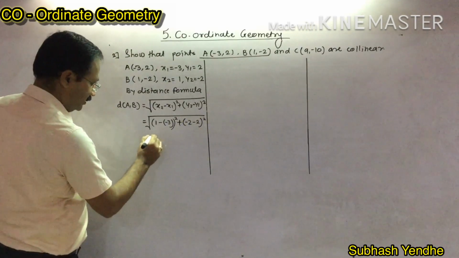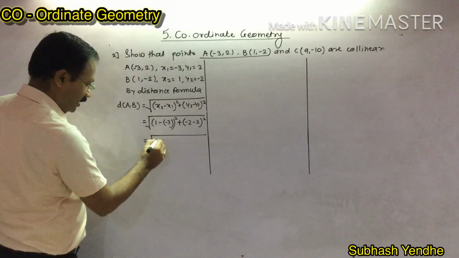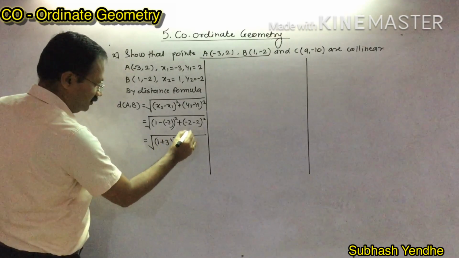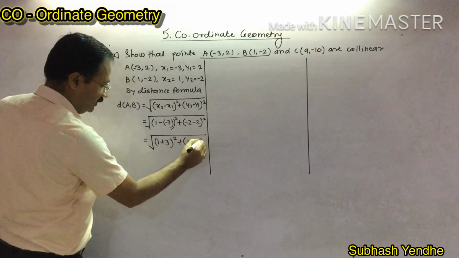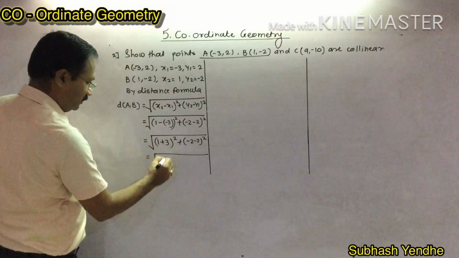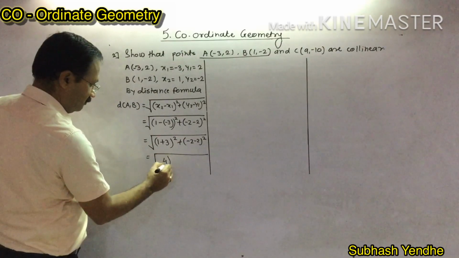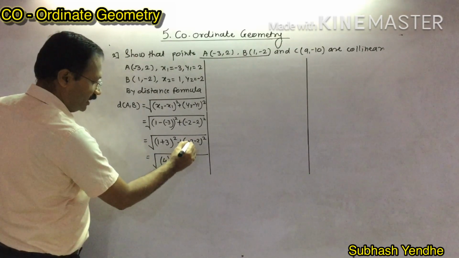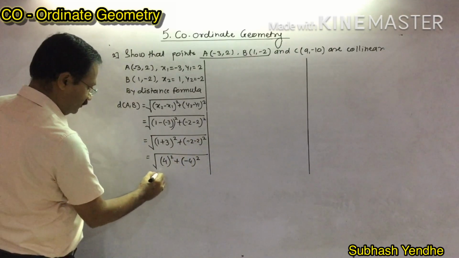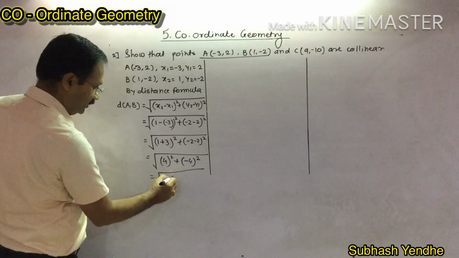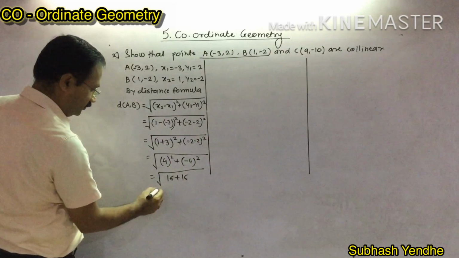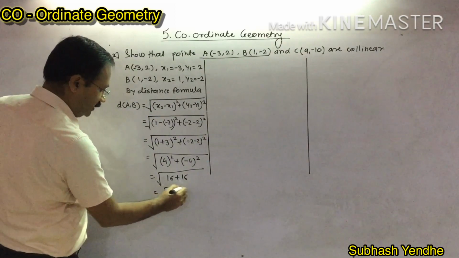So you get minus minus plus. So 1 plus 3 the whole square plus minus 2 will be as it is. It will be 3 plus 1, 4 square. The signs are the same, addition and give the sign of the larger number. So you will get 16 plus 16. 4 square is 16, minus square is also positive.